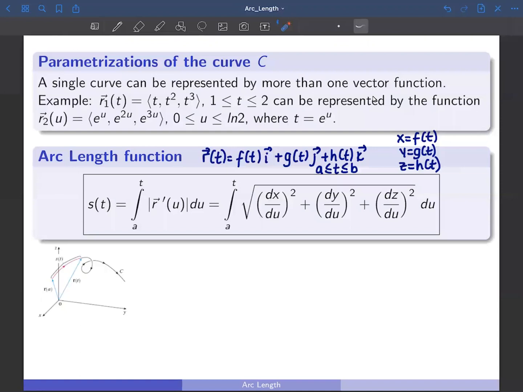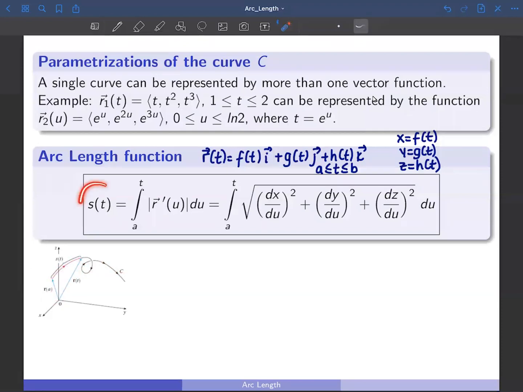And therefore, this arc length function, if we have a curve C, represents the length of the part of the curve C that lies between the vectors r(a) and r(t).